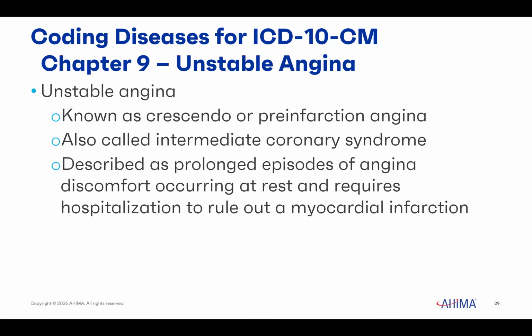This can also be known as crescendo or pre-infarction angina or intermediate coronary syndrome. And these are prolonged episodes of angina that occur at rest and require hospitalization to rule out a myocardial infarction.